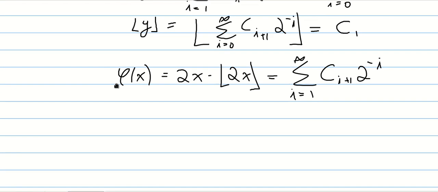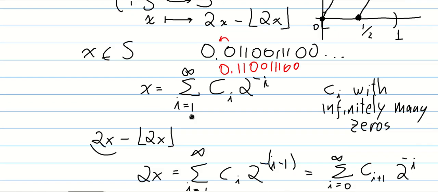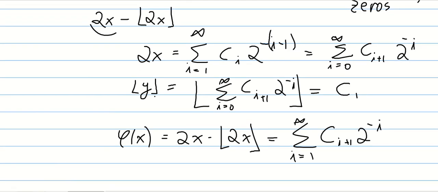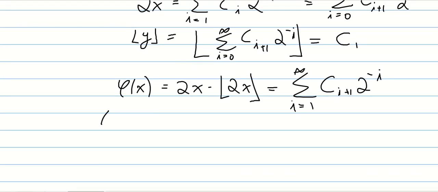Now we have to understand how these coefficients are distributed with respect to the uniform measure, or the Lebesgue measure. So how is the distribution of C1, C2 and so on with respect to the uniform? So let's take a look.